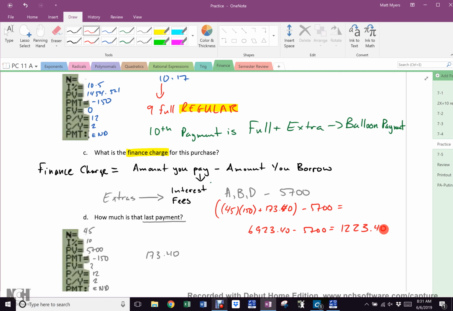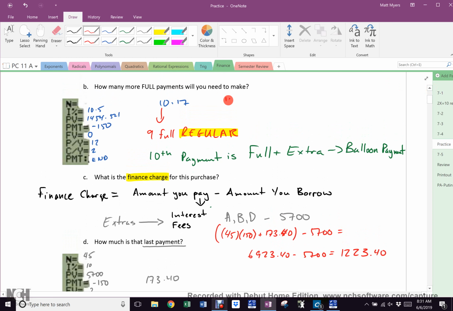The first time I was doing this, back in the day, I said, well, why wouldn't you just do 150 times 10.17, right? And that 17 would figure it out right there. That's the number of full payments that was left.